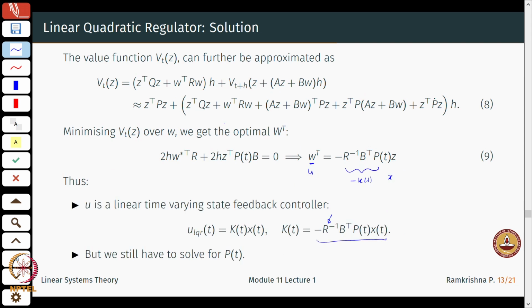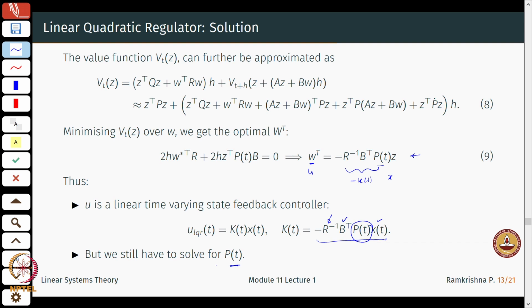I know B, I know x. So, what is unknown here is this term P. To find this optimal input which depends on P via this relation, I still need to solve for this P of t.